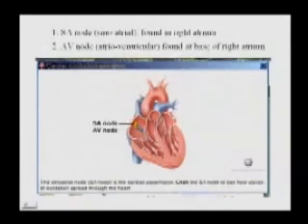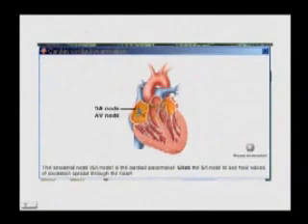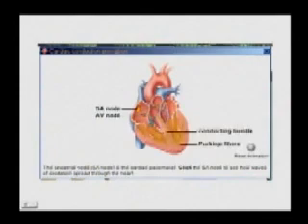So we start with the SA node and the AV node, and then we get the spread from the SA node on out through the atria. At this point, the atria are going to contract and give the final filling of the ventricles. Then the AV node will begin to discharge, send the signal down through the conducting bundles, the bundle of His, the right and the left bundles, finally to these Purkinje fibers that deliver it to the smaller clusters of cardiac myocytes.